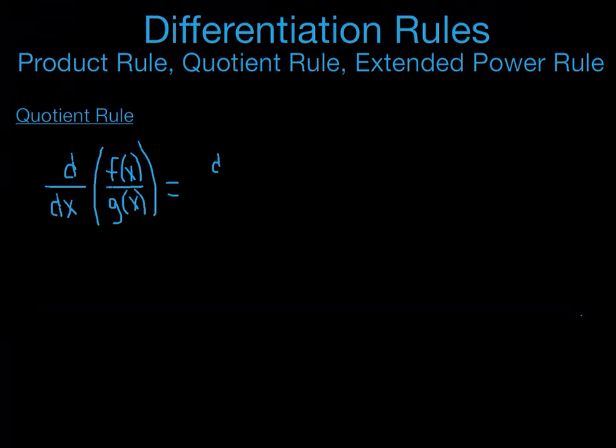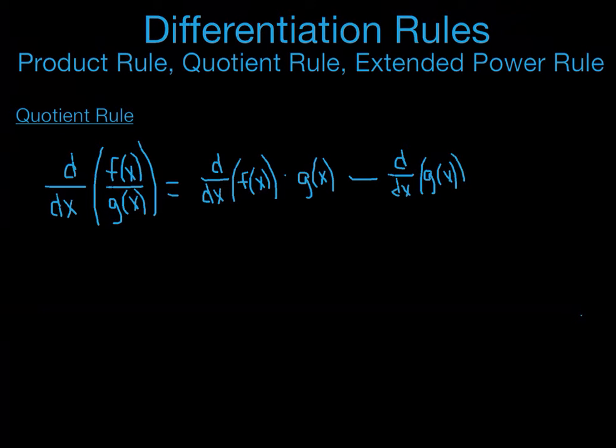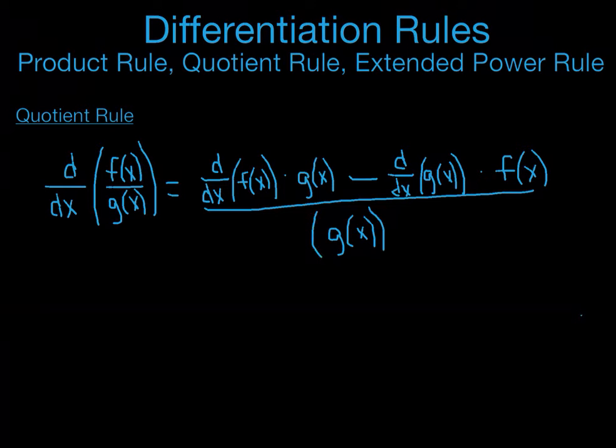It is the derivative of the numerator, the derivative of f of x, multiplied by the denominator, g of x, minus the derivative of the denominator, g of x, times the numerator, f of x, all over the denominator squared. All right. So the derivative of the numerator times the denominator minus the derivative of the denominator times the numerator, all over the denominator squared.